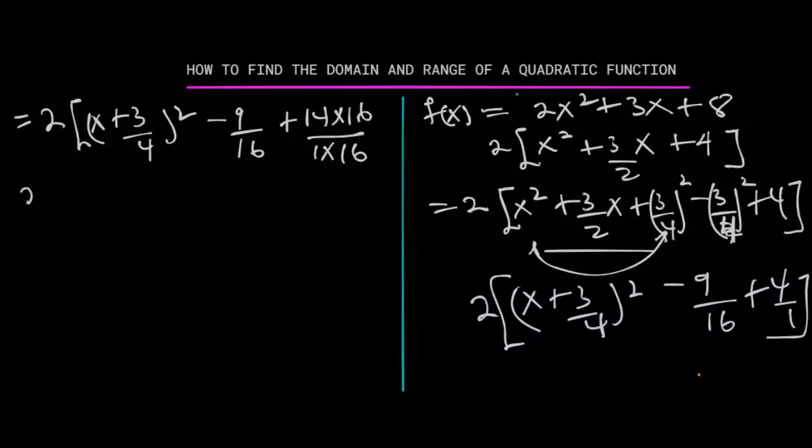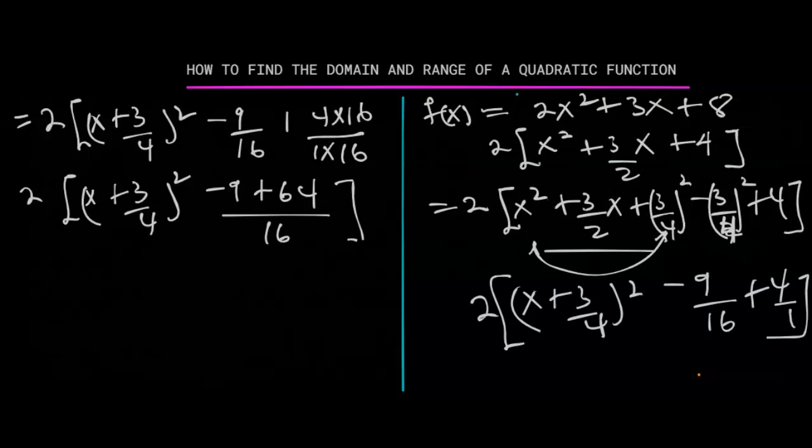And so this gives us 2(x plus 3 over 4) squared minus 9 plus 64. That's 4 times 16, which is 64. I don't know why I wrote 14 here. 64 all over 16.